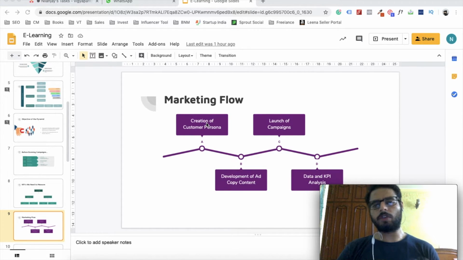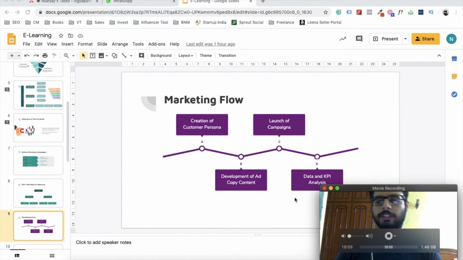So I start with the creation of a customer persona, then I start working on the development of ad copy, then I launch the campaigns, and then I do data and KPI analysis either in the first week or in the last week of the first month, depending upon campaign to campaign or client to client, how much time it actually takes to get sufficient data to perform an analysis, right? Because if we don't have sufficient data, then our conclusions, our analysis will not be right. So it is really important to get sufficient data to actually get better analysis.